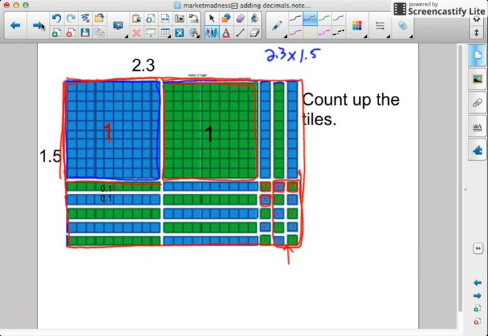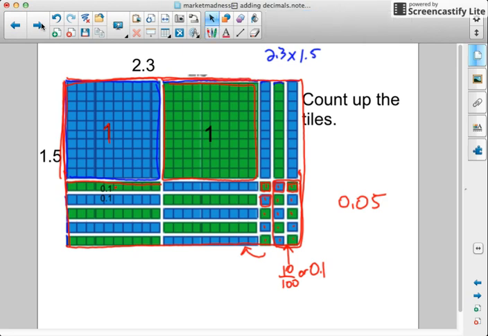That much is 10 hundredths, or 1/10, 0.1. That's the same as one of these. My leftover hundredths, I have 5 hundredths, so that would be represented as 0.05. That's these ones right here.